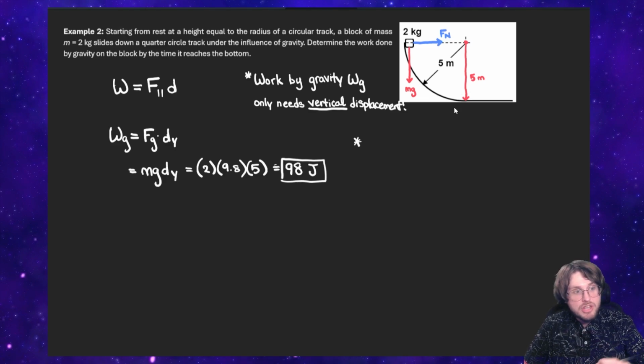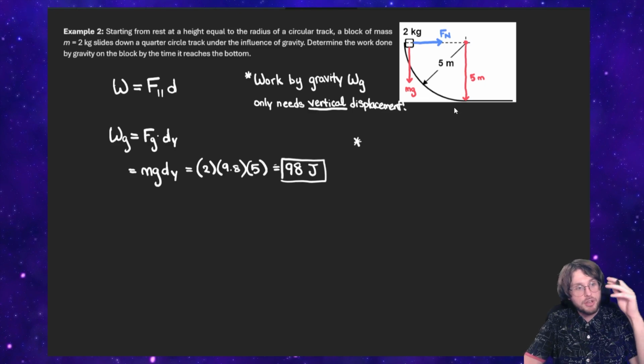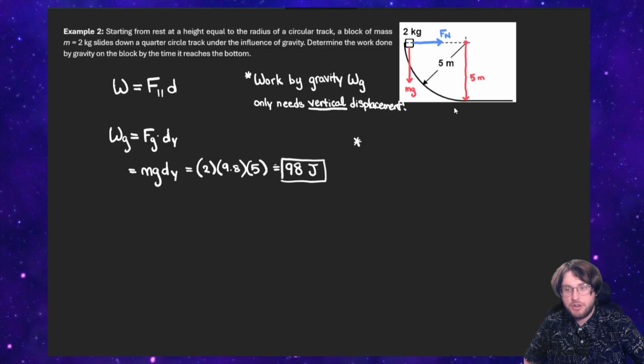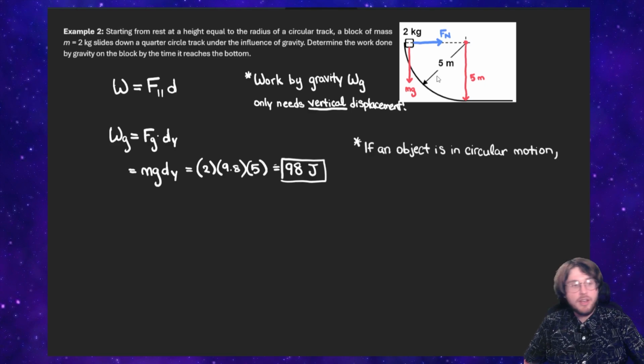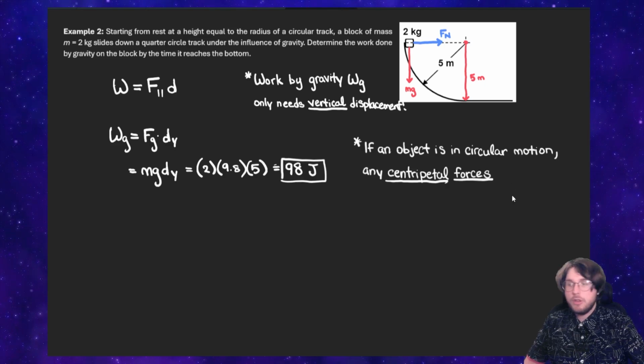And in general, centripetal forces by definition are always perpendicular to the path that the object is taking, at least in perfect circular motion. So if an object is in circular motion, namely uniform circular motion, so the object isn't accelerating tangentially at all, then any centripetal forces do zero work on a system.